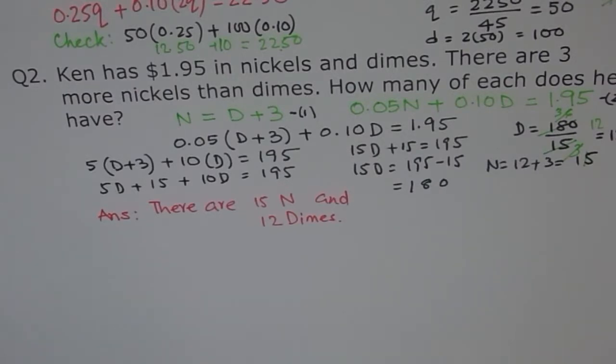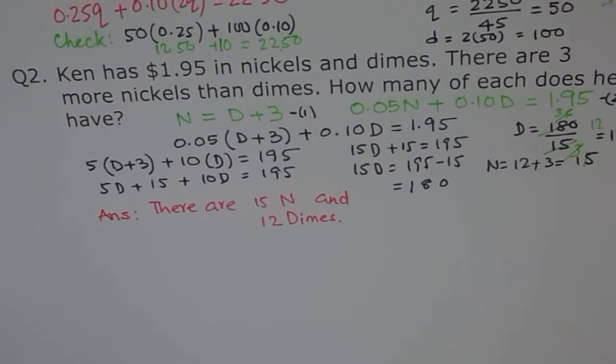Try to use different types of methods, but most important is first, always define your variables. See, we define variables and use variable names which are relevant. Using Q for quarters, D for dimes, and N for nickels is critical. Then you don't have to go back and forth, find what is X, what is Y. X and Y are generally good variables, but I prefer to use relevant variables, right?